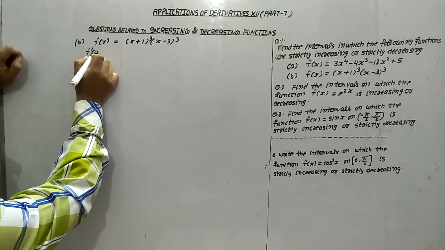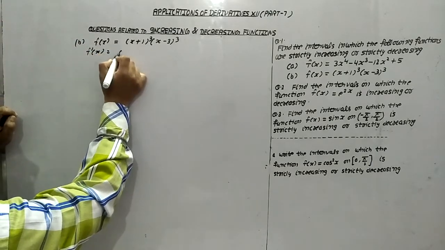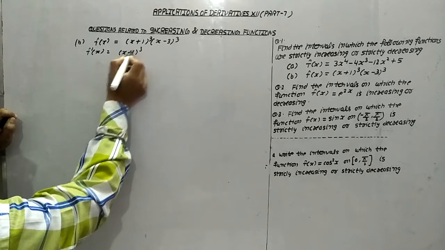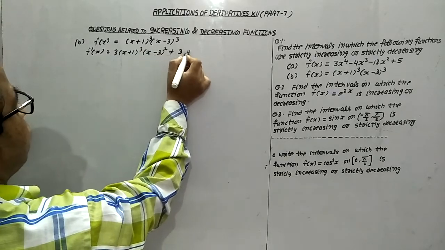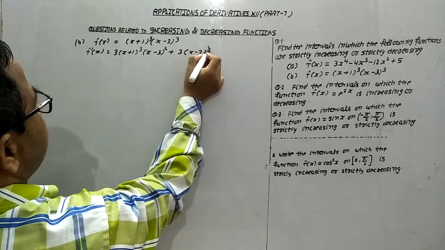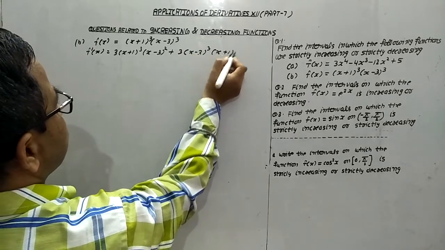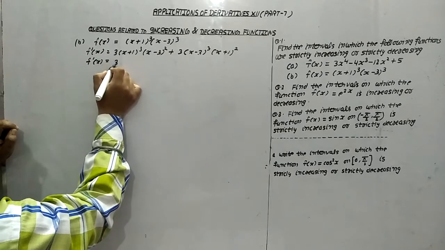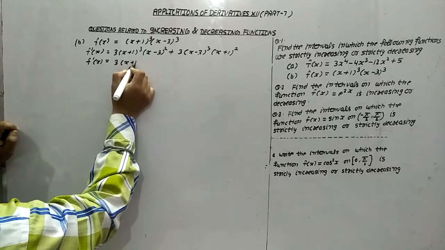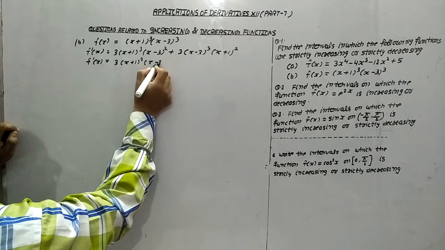First of all, we will find f'(x), which will be calculated by the product rule. (x + 1)³ into 3(x − 3)², plus 3(x − 3)³ into (x + 1)². So what is common? f'(x) = 3(x + 1)²(x − 3)².